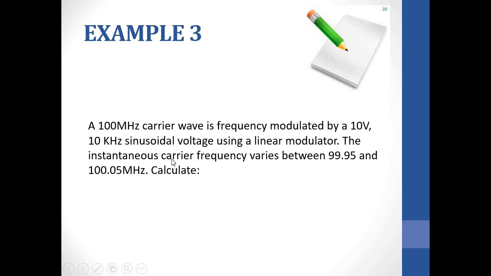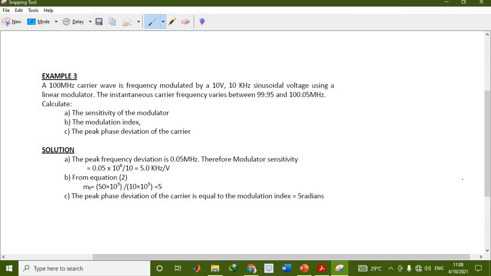The instantaneous carrier frequency varies between 99.95 and 100.05 megahertz. Calculate the sensitivity of the modulator. So to this question, this is the solution.